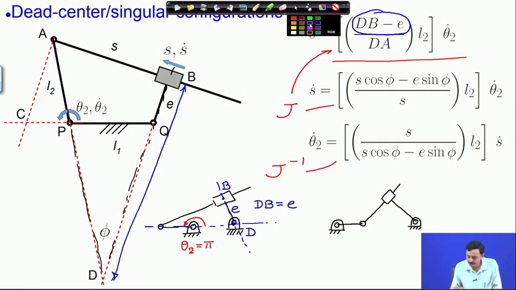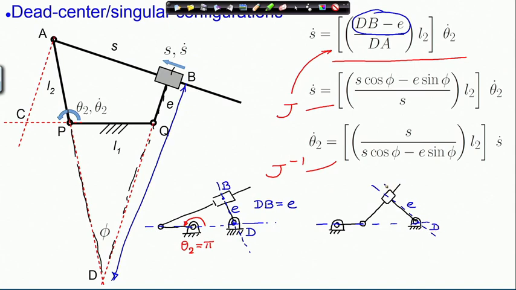This is a configuration where again dB is equal to E. So, this is also a configuration where the Jacobian vanishes.